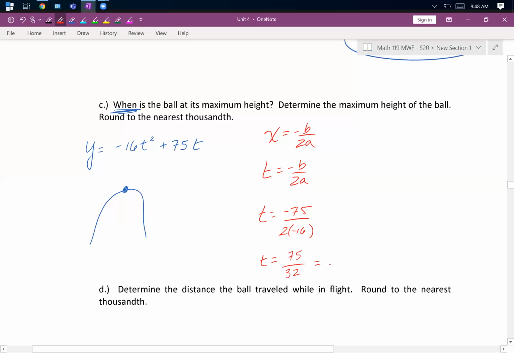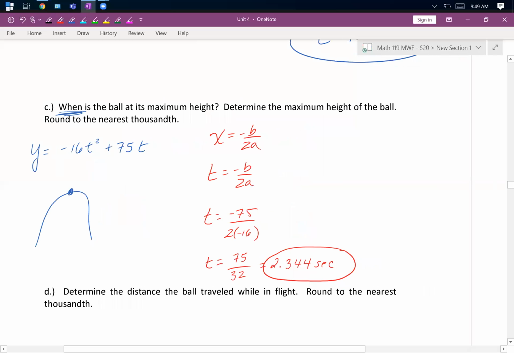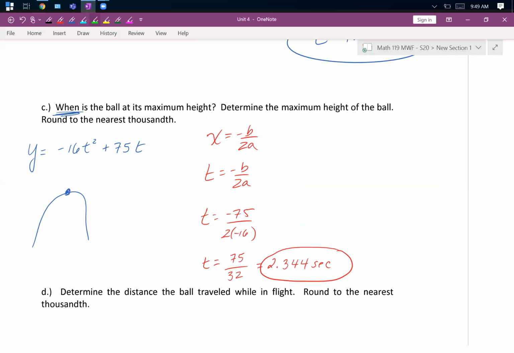All right, so we get 75 over 32, which is 2.344 seconds. So that's the when. Does it reach its max height? The second part, determine the max height, so then that's just the y value.